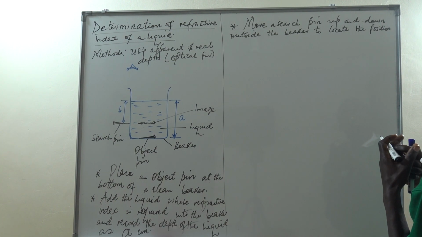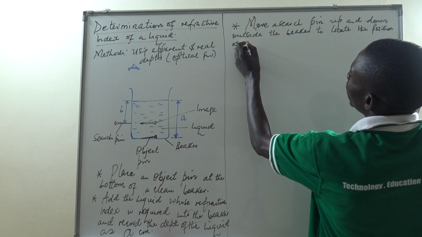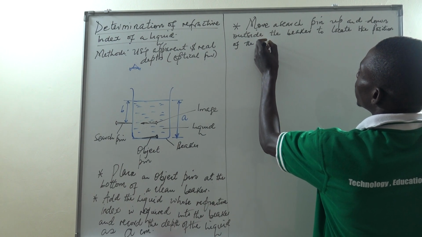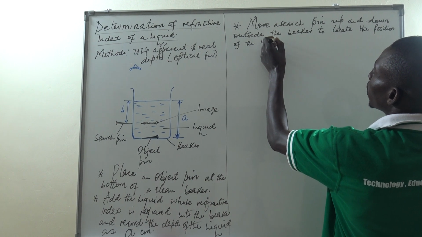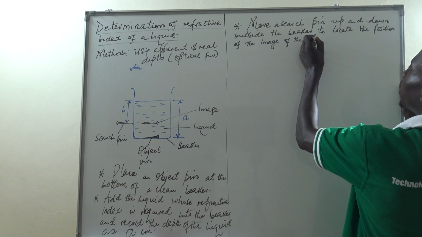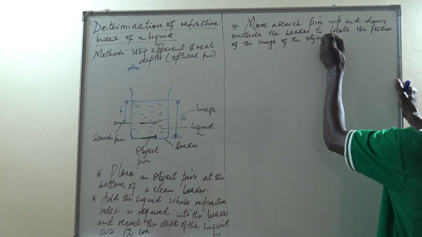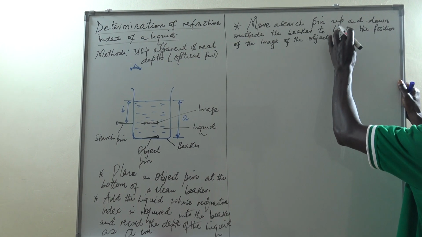Move a search pin up and down outside the beaker to locate the position of the image of the object pin. Okay?